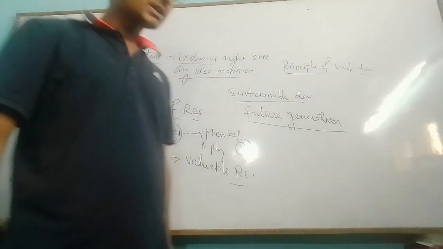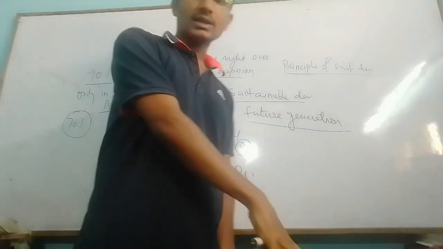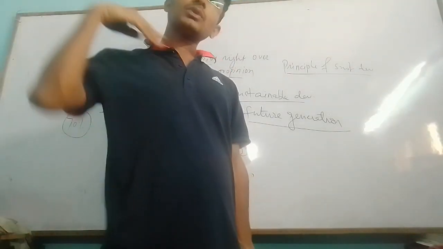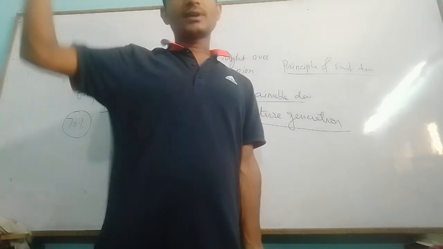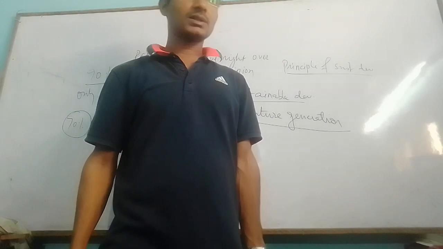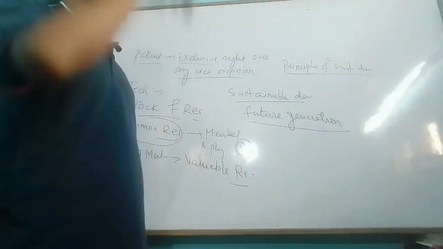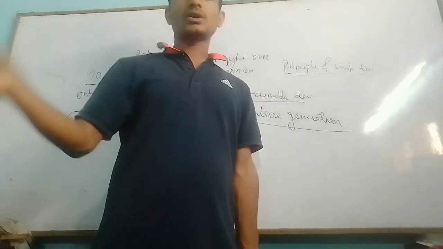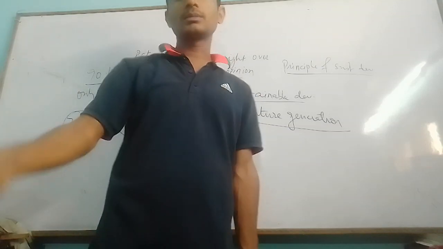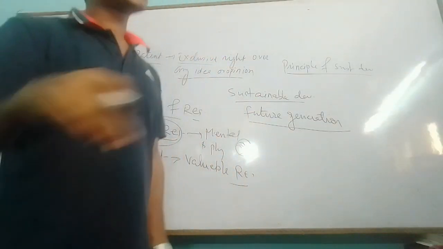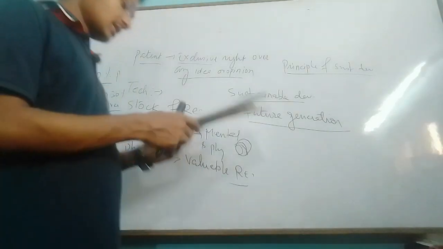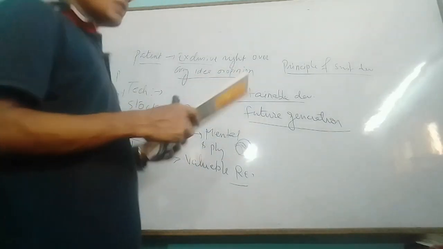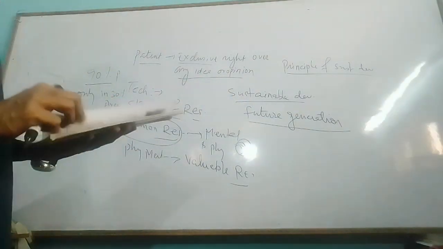Suppose someone is staying here, and some other people are staying very far away from them, meaning there is a large gap between one house and another, one family and another. That is sparsely populated. This is the thing which you have to keep in your mind.